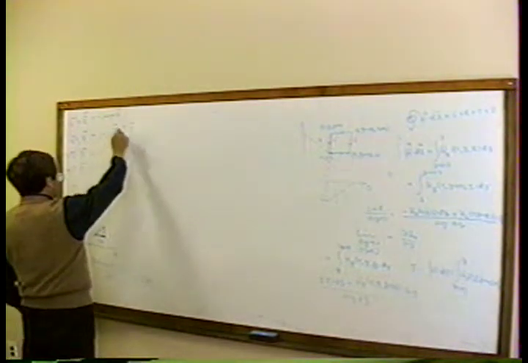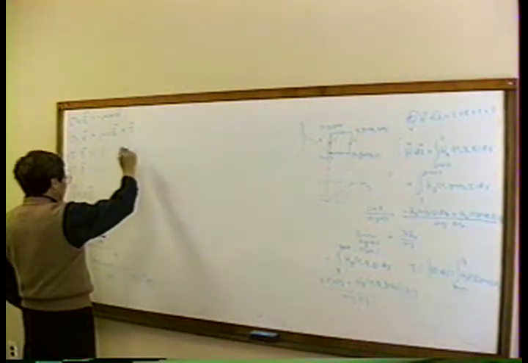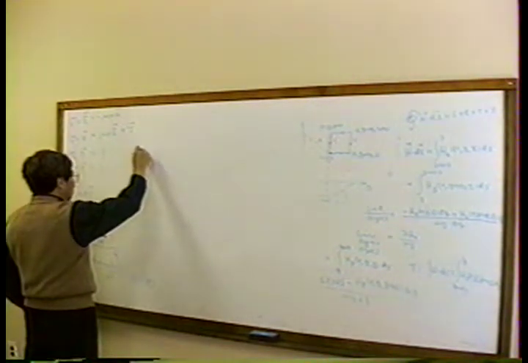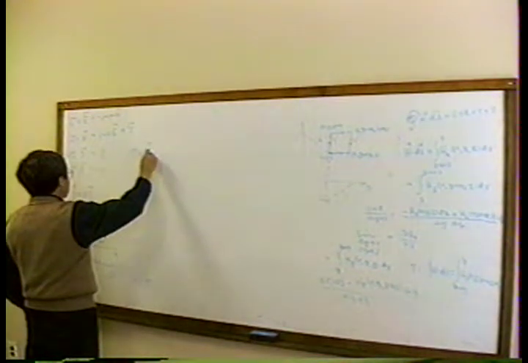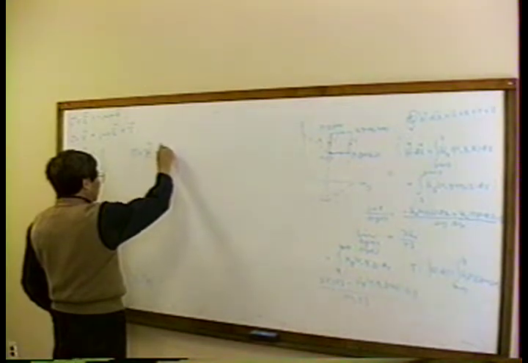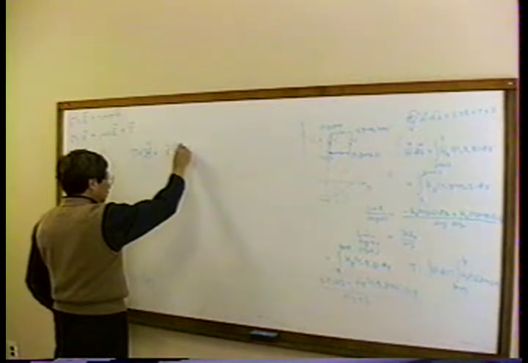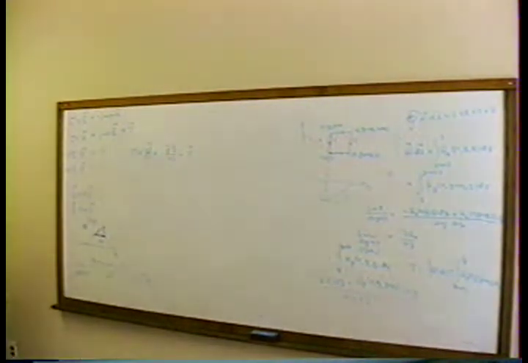Actually, this is in the frequency domain, so-called e to the j omega t. In the real field, del cross H is equal to dD dt plus J. But I thought D and E just differ by a constant.